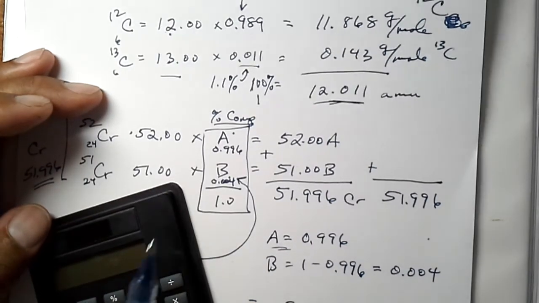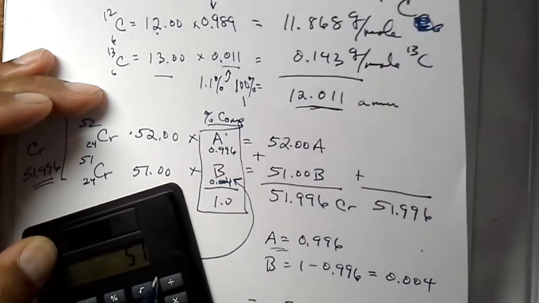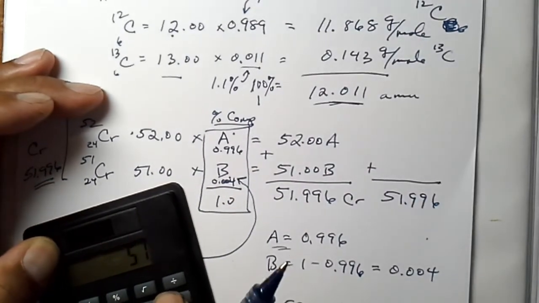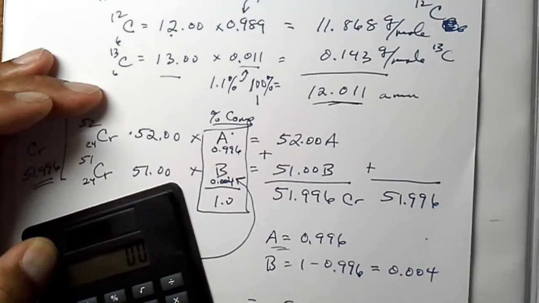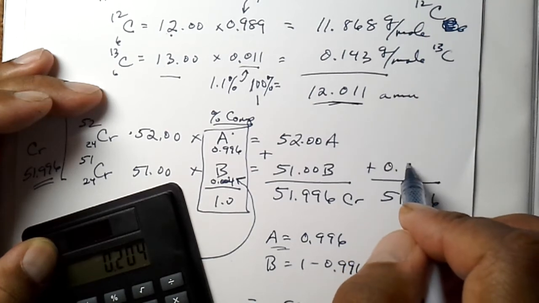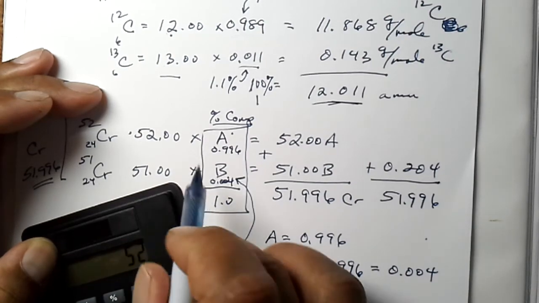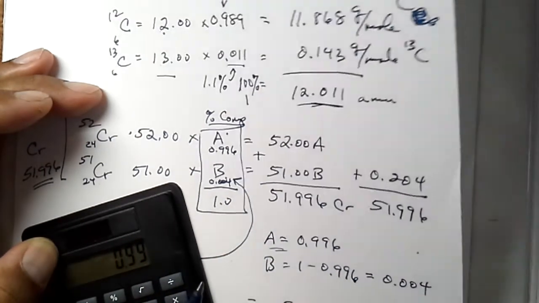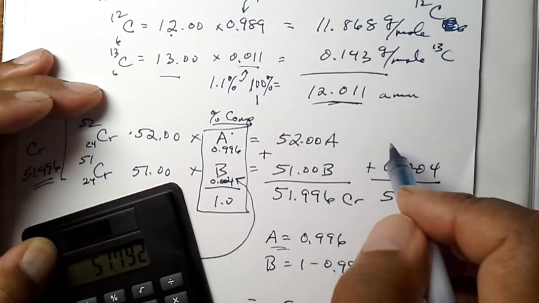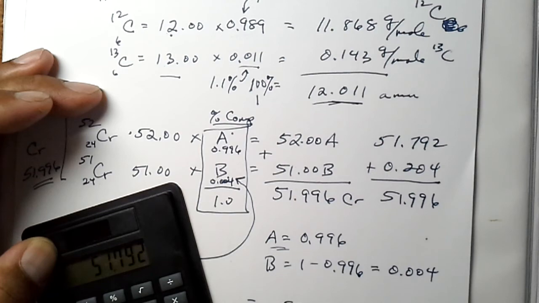Alright, let me see if I can take my little calculator here. I'm going to say 51 times 0.004, that's going to be 0.204, and 52 times 0.996, that's going to be 51.792.